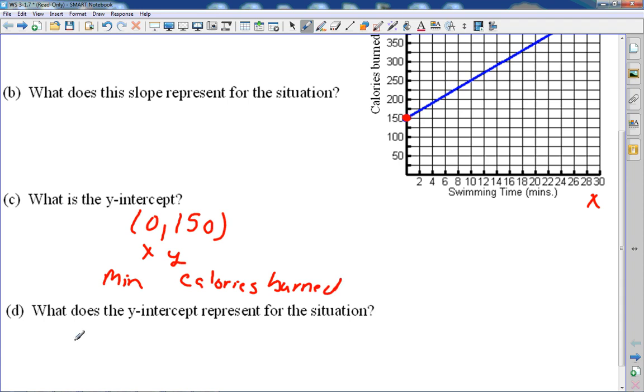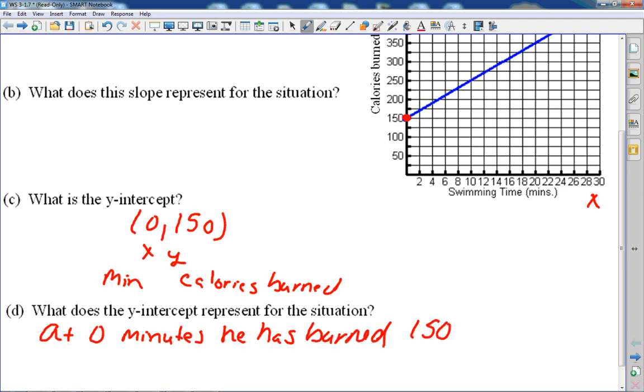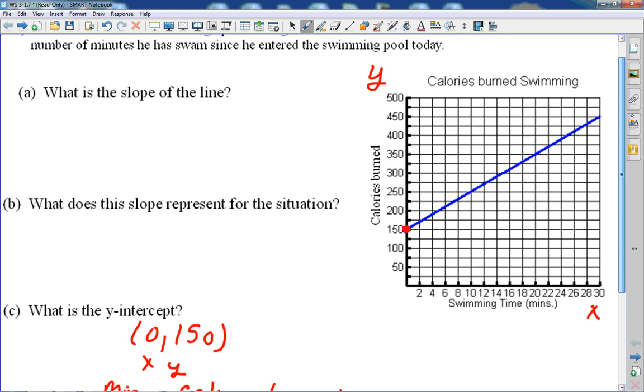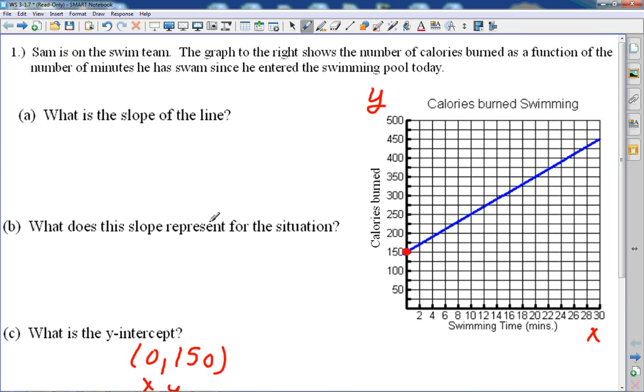Well, at 0 minutes, so when he started, he has burned 150 calories. Well, this was a time in the pool. So maybe he burned 150 calories just first walking to the pool, or getting dressed, or getting ready for swim practice. I'm not sure.